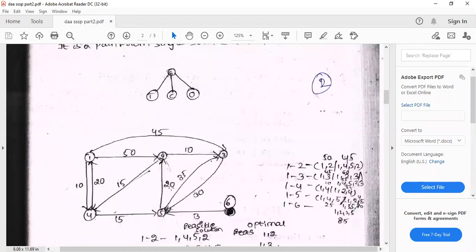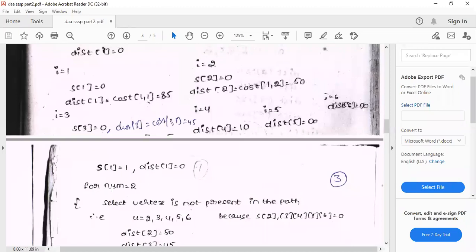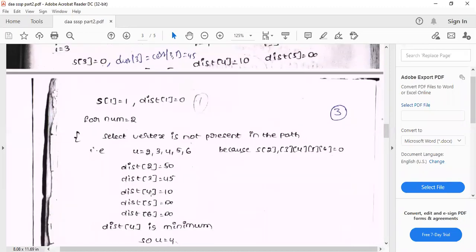So by using the greedy method, first we visit the nearest vertex, that is the fourth vertex. Suppose in the second iteration, the nearest vertex is 40.